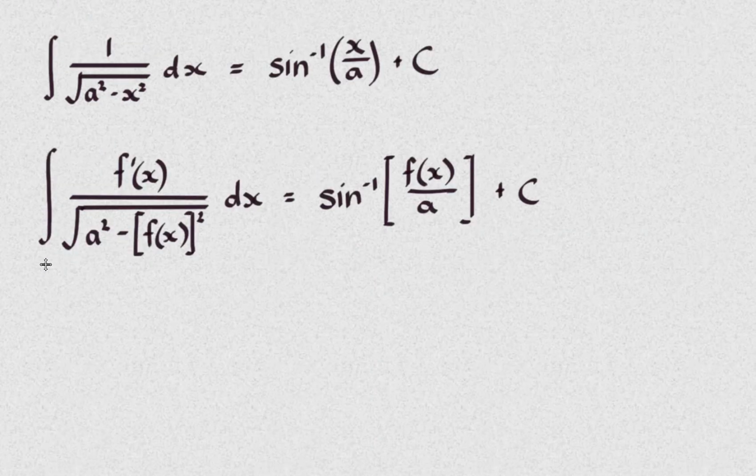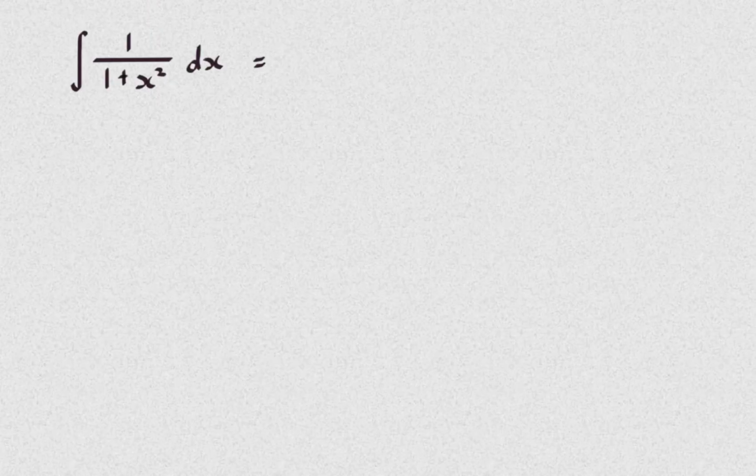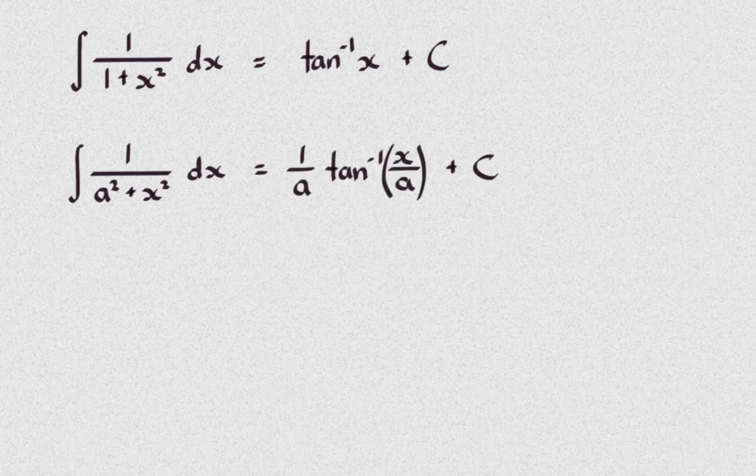If we have an integral of this form, then our solution is inverse tan of x plus our constant. Once again, modifying it slightly so that we have an integral that looks like this. This time, our solution has a 1 on a out the front, and then our inverse tan of x on a.